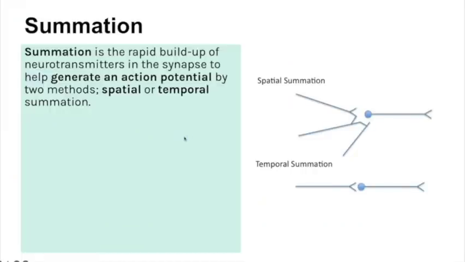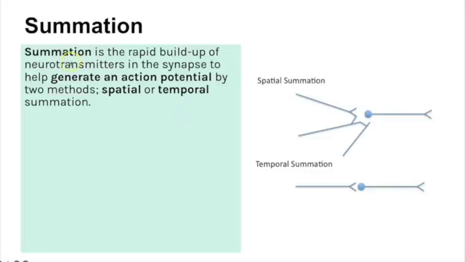Now, I said that in order for the action potential to be generated in the postsynaptic neuron, you needed to have enough sodium ion channels opening, and that is caused by the neurotransmitters binding to the receptor. And there's two different mechanisms of summation to ensure that happens.